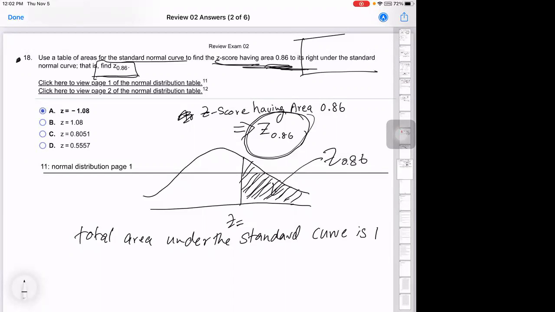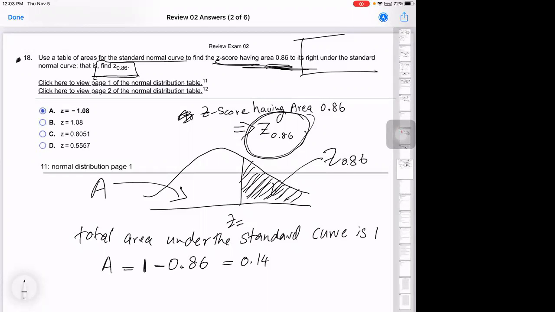So you can find this area, let's say area A, equals the total 1 minus the given area 0.86. 1 minus 0.86 means 0.14.